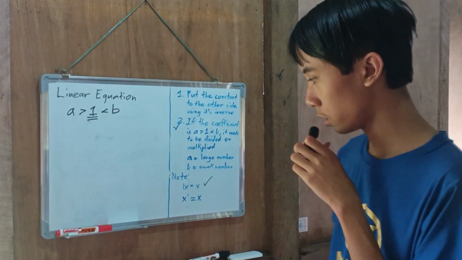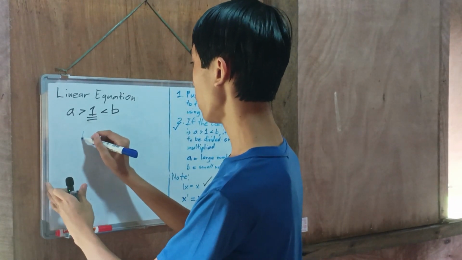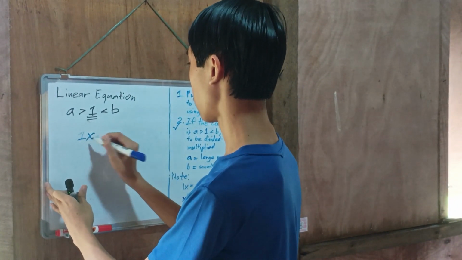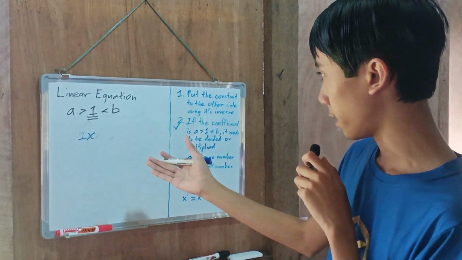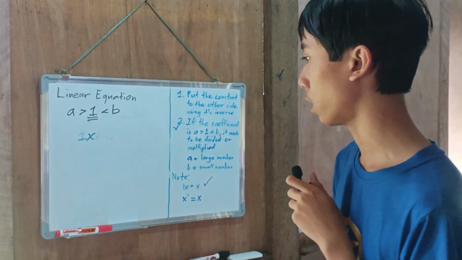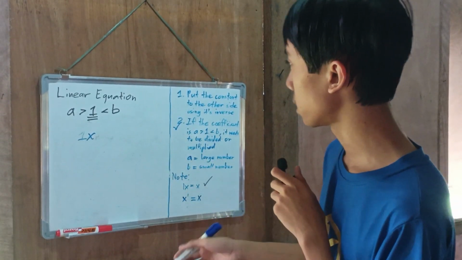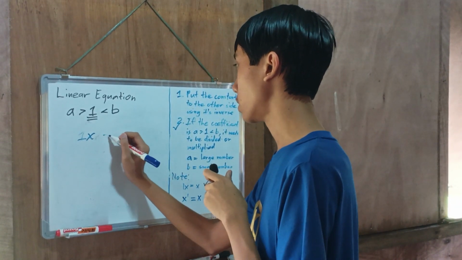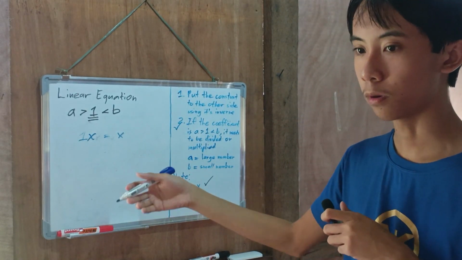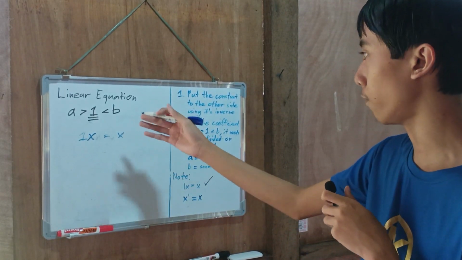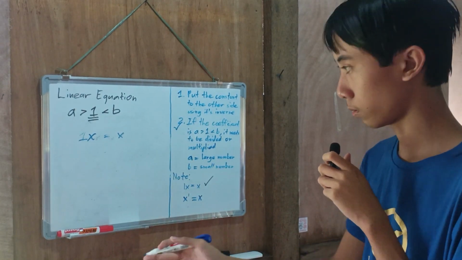The reason why I strictly use this is because 1x under the rules will always state x, because 1 is an invisible number, the invisible coefficient of x.